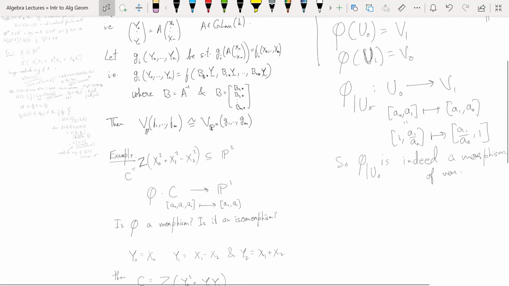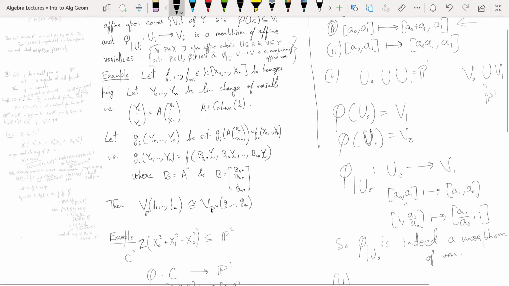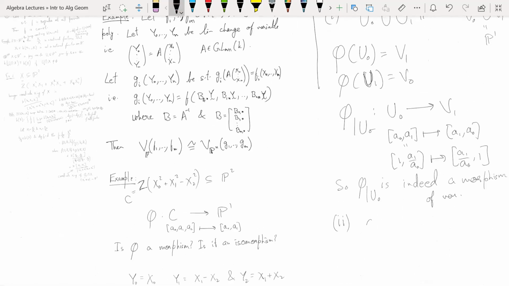So now this map phi sends a0 a1 to a0 plus a1 comma a1.